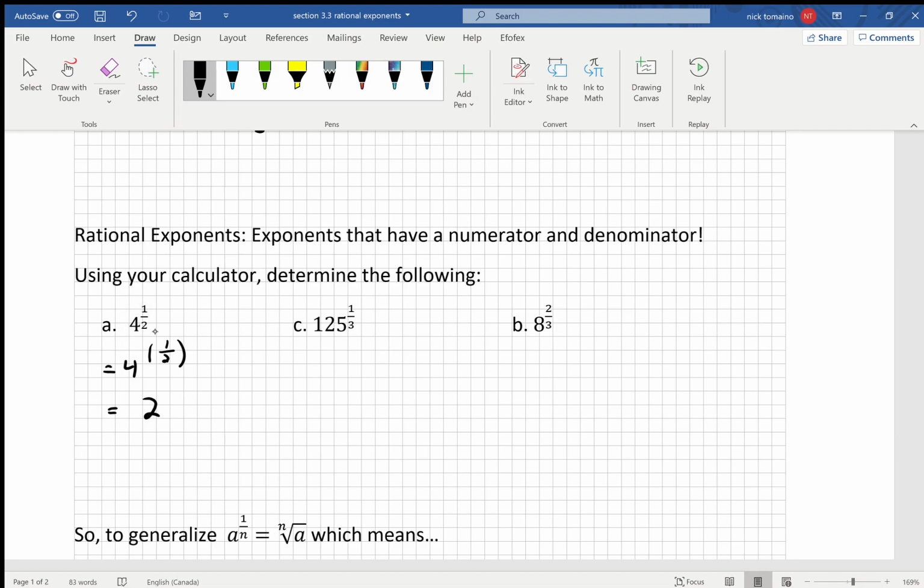Okay, right here, the calculator will give you 5. And right here, the calculator will give you 4. All right. So 5, again, is the cube root of 125 because 5 times 5 times 5 is equal to 125. Okay, we'll talk about this one in a minute.